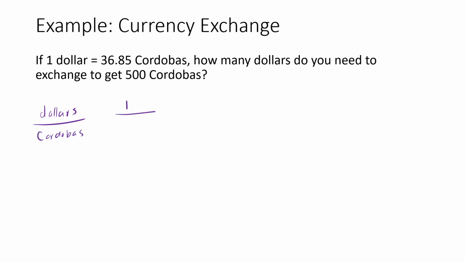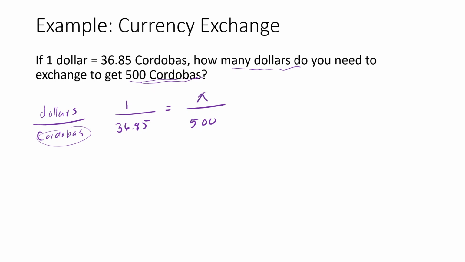So $1 is 36.85 Cordobas. And again, it does not matter if you set it up that way. You can put Cordobas on the top, dollars on the bottom. Be totally fine. You just cannot change your mind when you go to write the second ratio. So how many dollars do you need to get 500 Cordobas? Well, 500 Cordobas are on the bottom, so the 500 goes on the bottom.